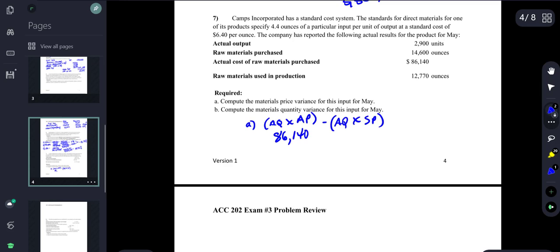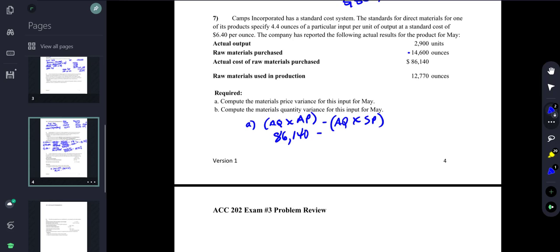And that's just going to go in this gap here instead of these variables, because that's exactly what that is. And we subtract from it the actual quantity times the standard price. And in this case, the actual quantity that we have here is the raw materials purchased, because we're looking at a price variance.